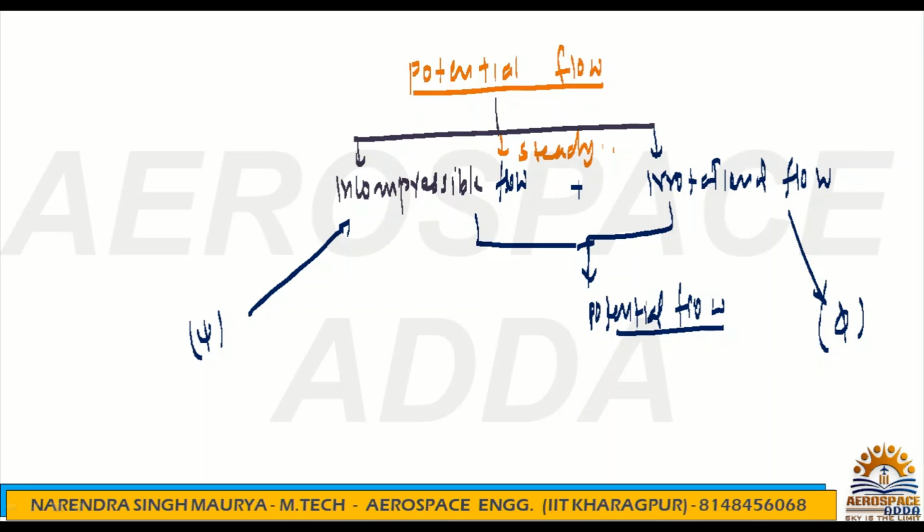Anything which is not changing with respect to time is called steady. So whatever the properties, flow property or fluid property, they are not changing with respect to time. So always remember, potential flow is steady, incompressible, and irrotational flow.